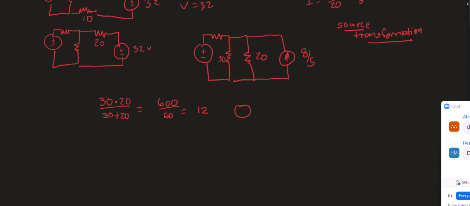It tells us that if we have a voltage source and a resistor in series, which we have here, we can transform that into a current source and a resistor in parallel, and they have the same behavior.